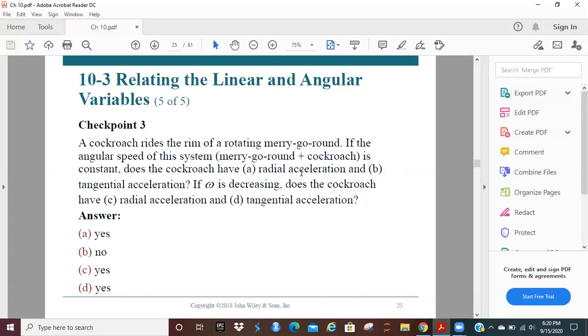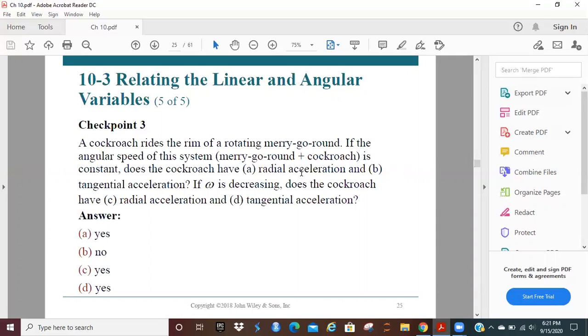So a cockroach rides the rim of a rotating merry-go-round. The angular speed of this system, in other words, the merry-go-round plus the cockroach, is constant. Does the cockroach have radial acceleration and tangential acceleration?